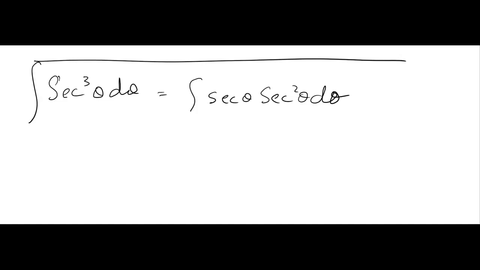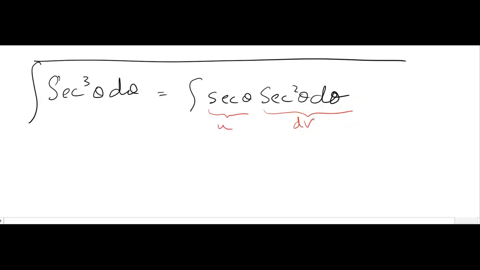Integration by parts would lead us to believe, well, let u be the piece I can easily take the derivative of, and dv be the piece I can easily take the integral of. Well, I can easily take the derivative of that. I'm going to let that be u. And I can easily integrate that, so I'm going to let that be dv.